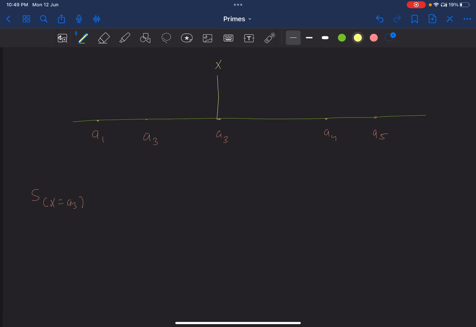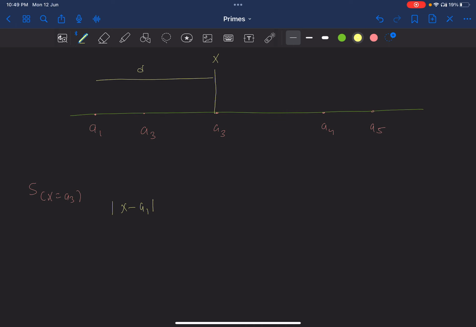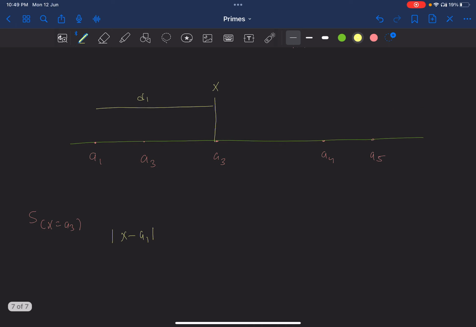Can we say that the first term, that is modulus of x minus A1, will be equal to this distance, D1? We can say that, right? This will be equal to D1.